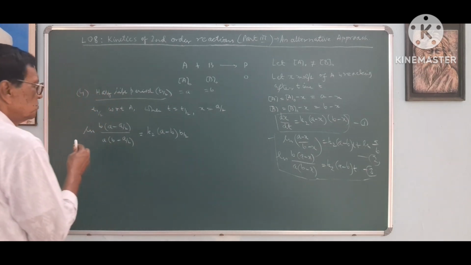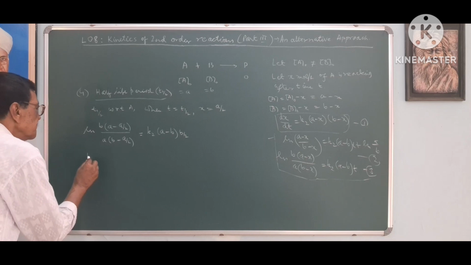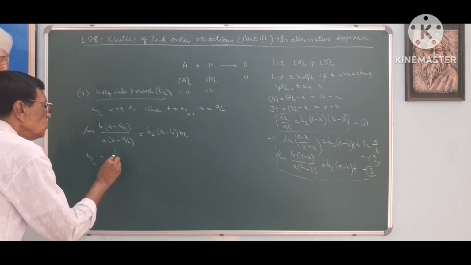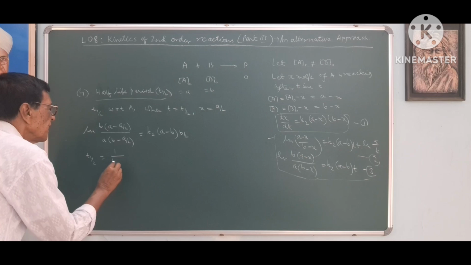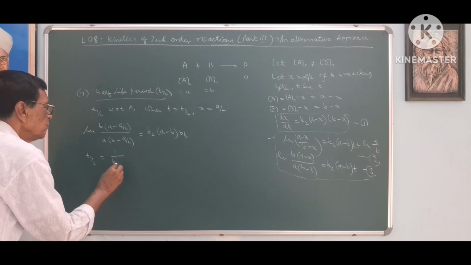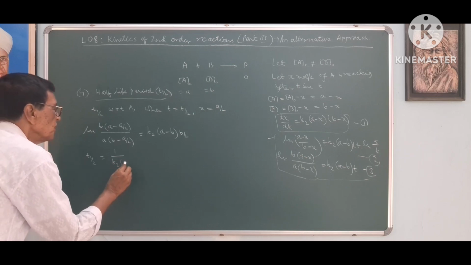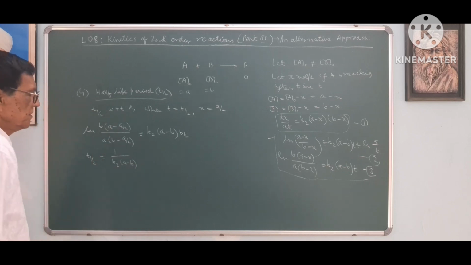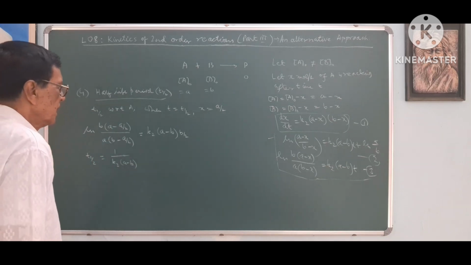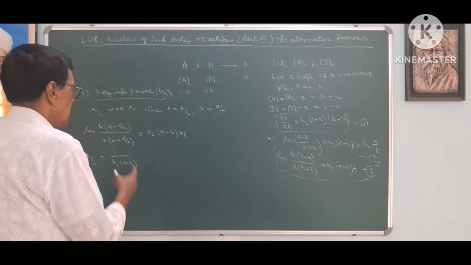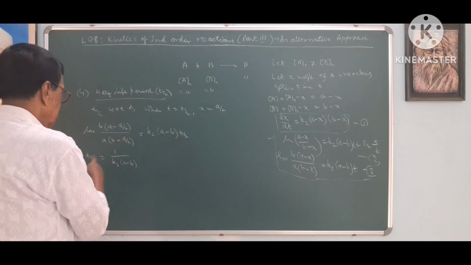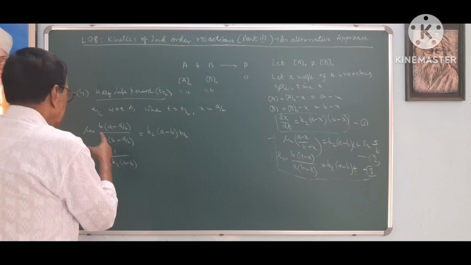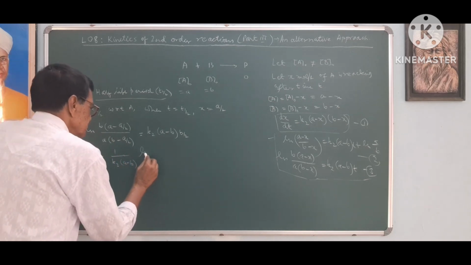So t half will be equal to 1 by K2 into A minus B, into this ln.